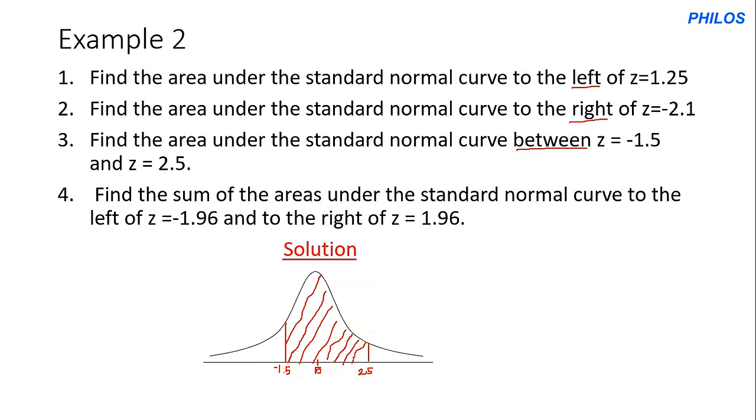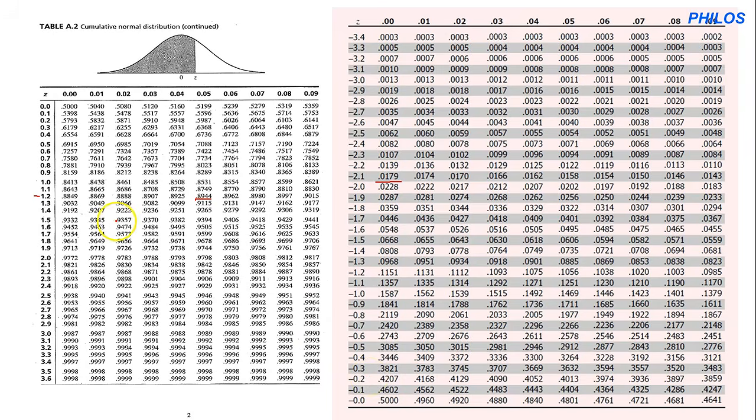So to do that, first we go and check the positive 2.5 on a positive z table. So positive 2.50, this is 0 at the top here. So 0. Positive 2.50 is 0.9938.